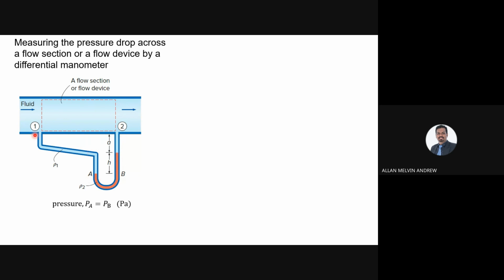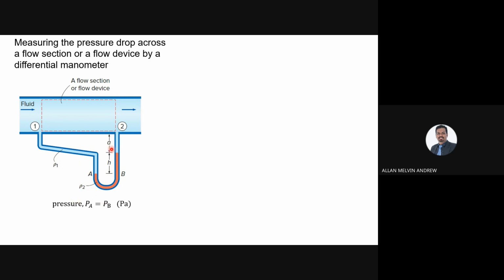Here it will be water, so we assume it's water because it's blue in color. The water will have its own density, density 1, and the orange liquid is another fluid, so we consider it as density 2.